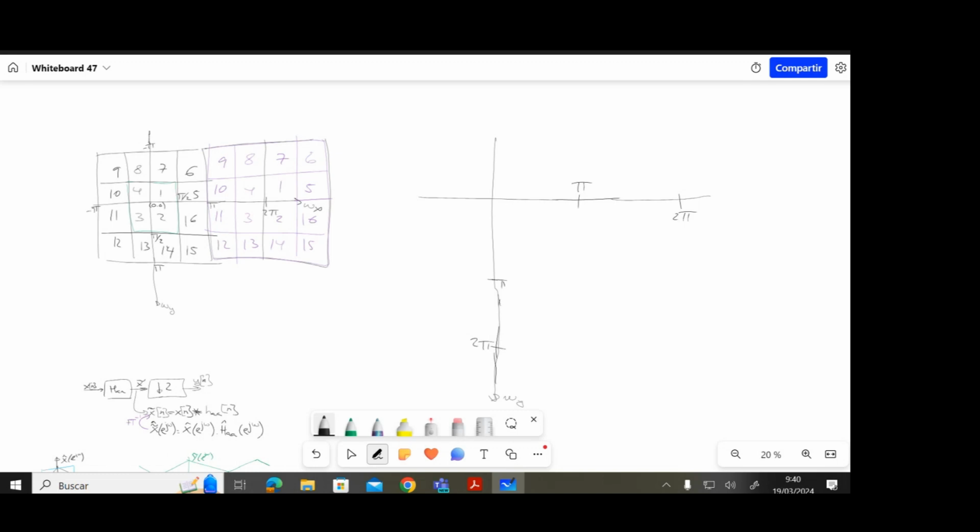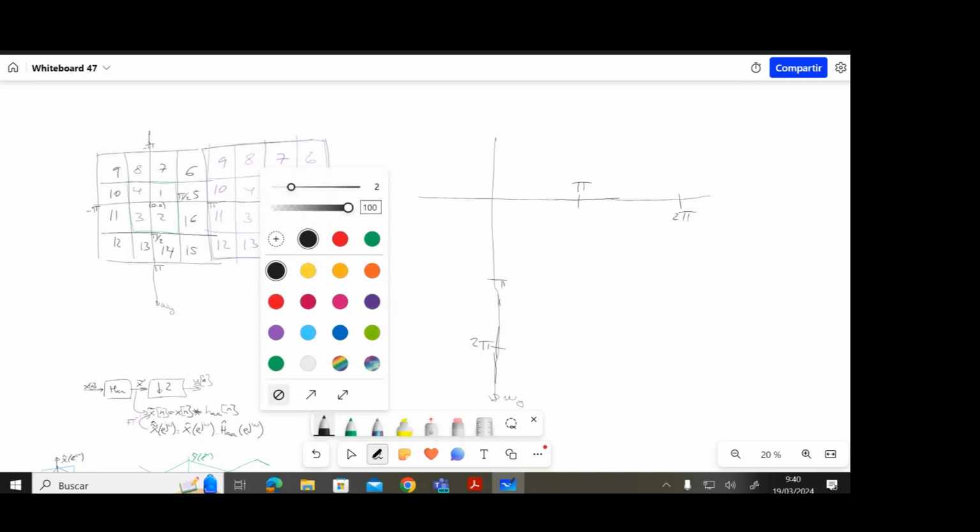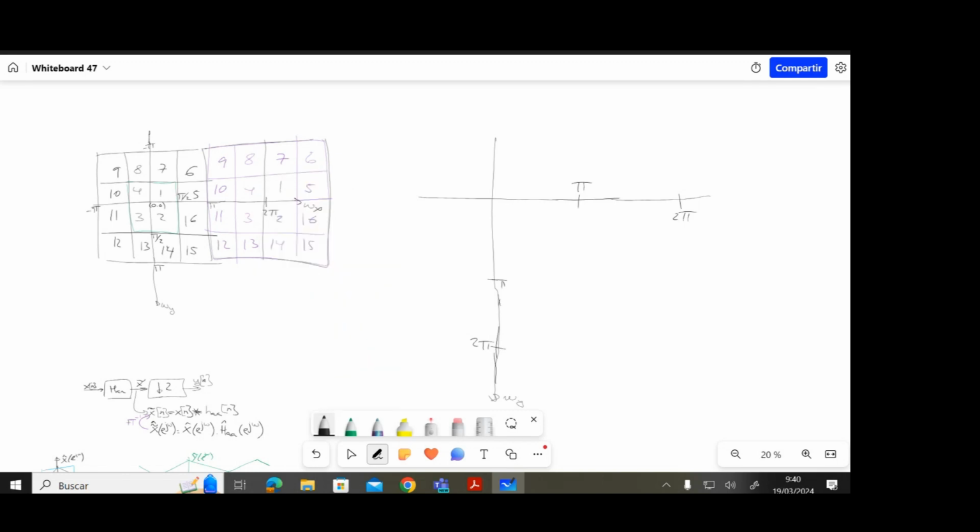Okay, so if I expand it, pi goes to 2pi. Now it occupies only half. So it is expanded by a factor of 2. Pi half goes to pi. Then we have all the rest.